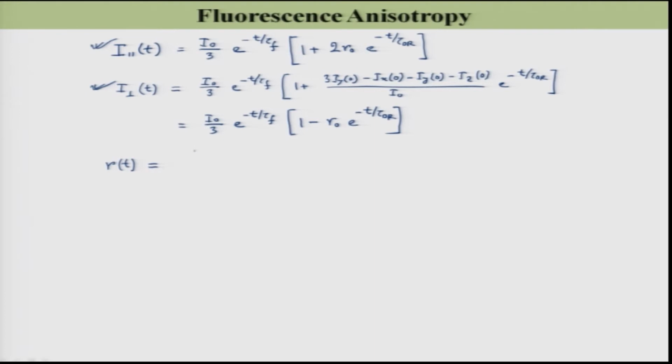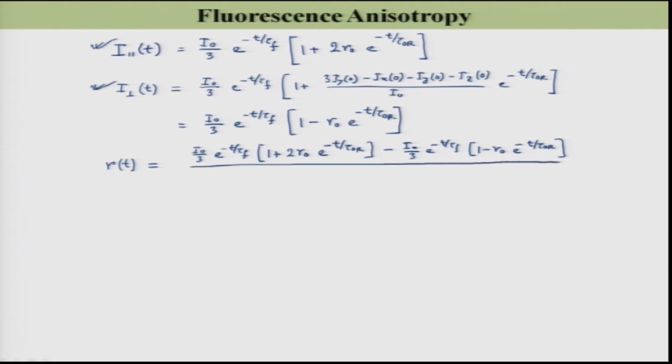Now, let me write these two forms. So, here will be my I 0 by 3 e to the power minus t by tau f, 1 plus 2 r 0 e to the power minus t by tau r, minus, this is I parallel and minus I perpendicular, so I 0 by 3 e to the power minus t by tau f, 1 minus r 0 e to the power minus t by tau r, divided by the denominator. This is straightforward, nothing special.